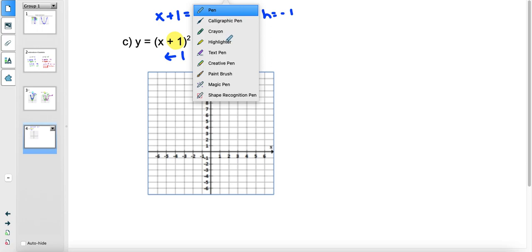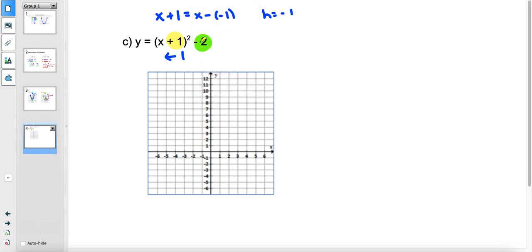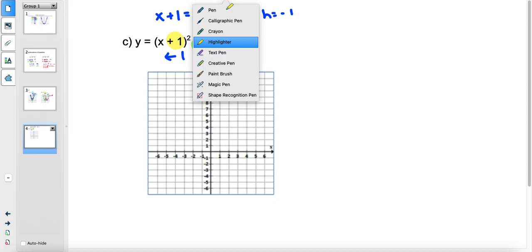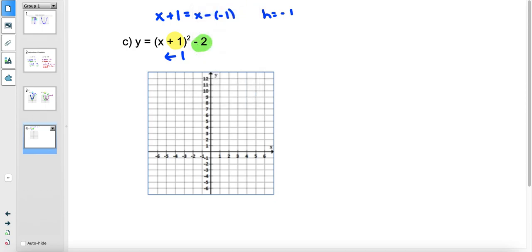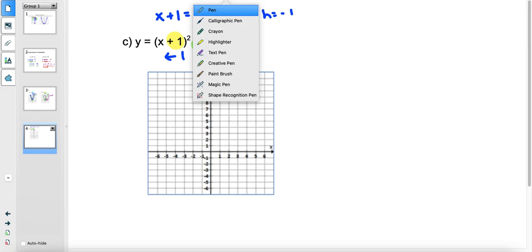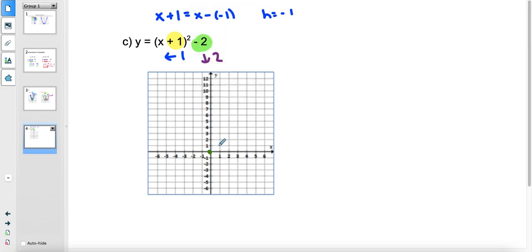And here, since I have minus 2 outside of the brackets, since this value is negative, my k value here is negative, I'm going to shift my graph down. Right, so I'm going to shift my graph down 2 units. And now to graph this, I'm just going to start by graphing y is equal to x squared.